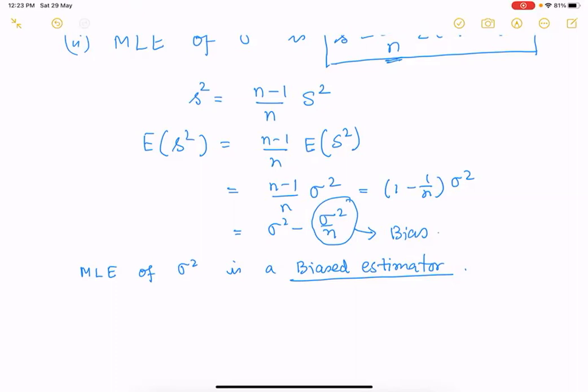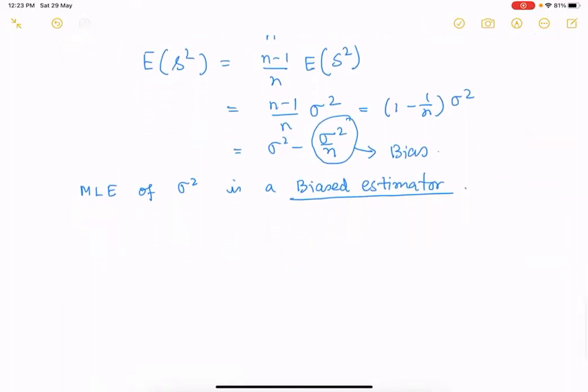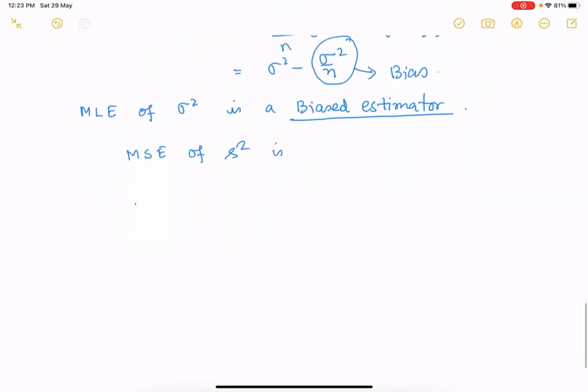In such a situation, we have to look at whether there is a bias side, a variance side, or a mean square error side. So let's look at the mean square error for small s square, which is also the MLE of sigma square. MSE of small s square is the expected value of small s square minus sigma square, whole square, where small s square is again n minus 1 by n times capital S square.